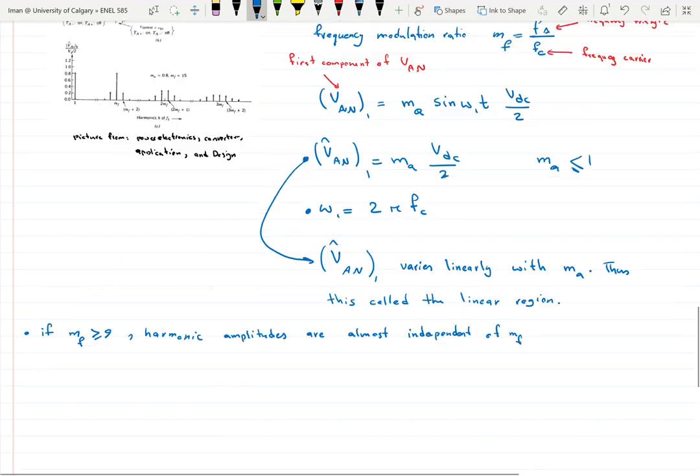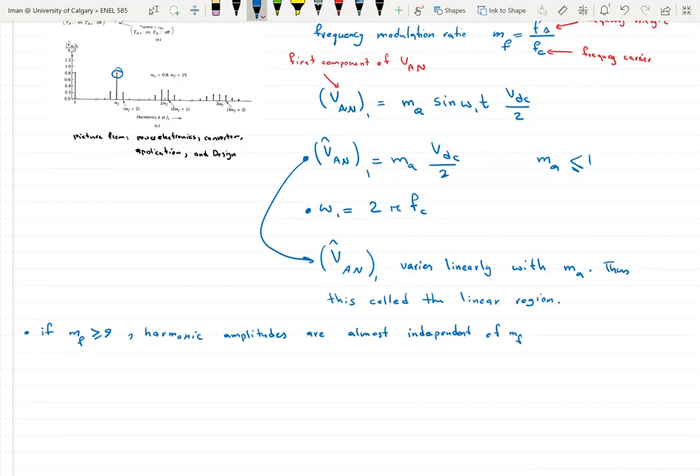So the amplitudes you see here, if MF is large enough, won't be affected by the actual value of MF, and are mainly determined by your value of MA.